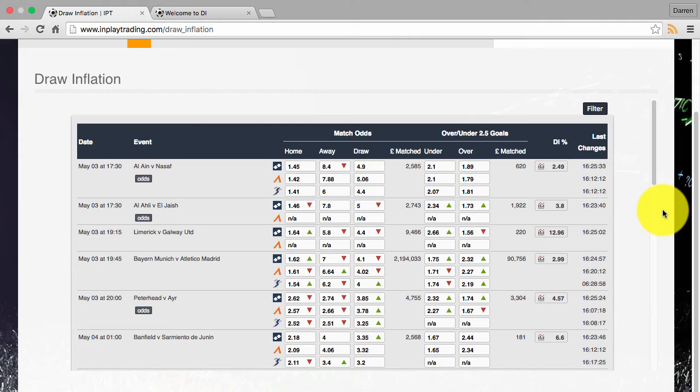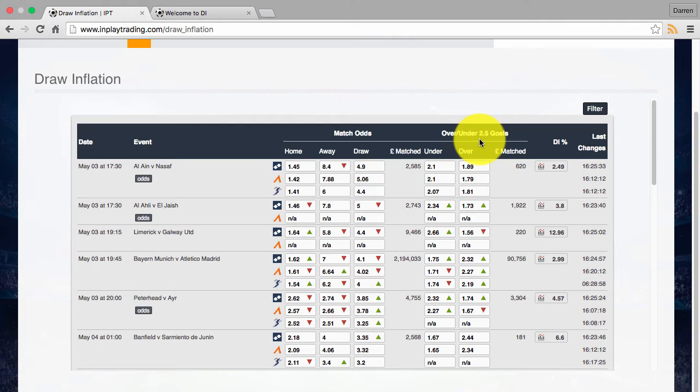And these are all centered around the match odds and the over-under 2.5 goals, which are the two most liquid markets within Betfair. So that gives you a great starting point in order to establish positions within the market and actually trade them.